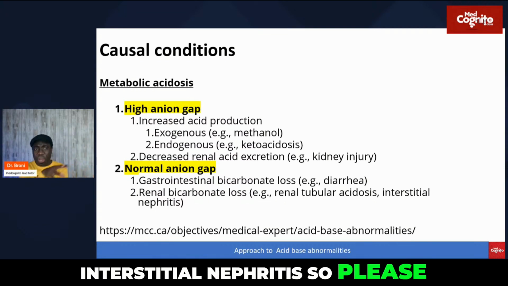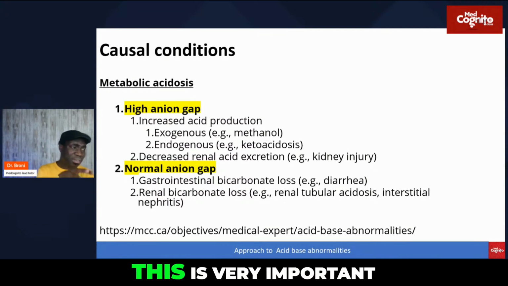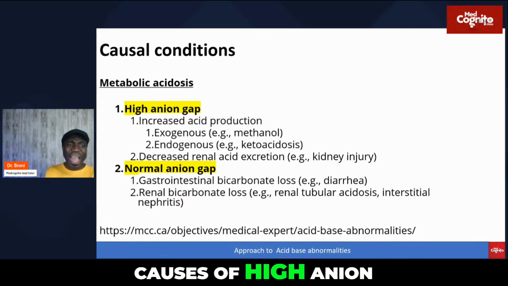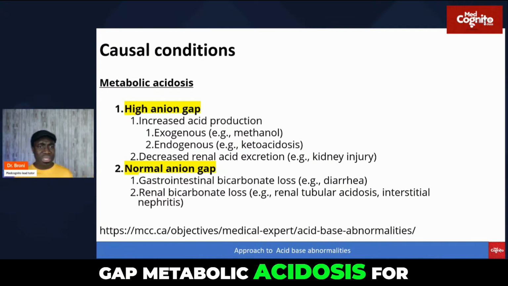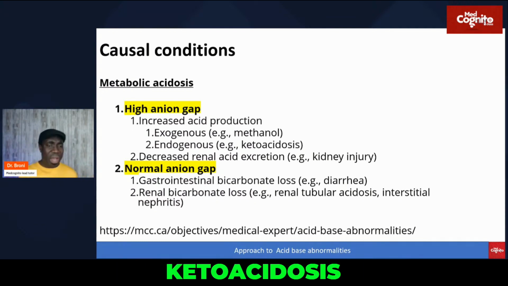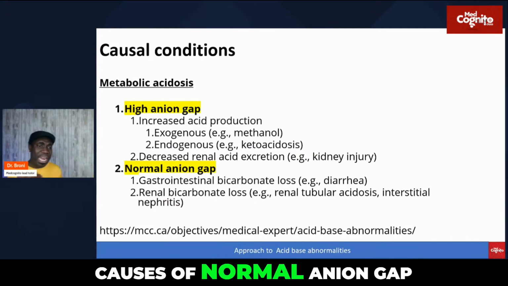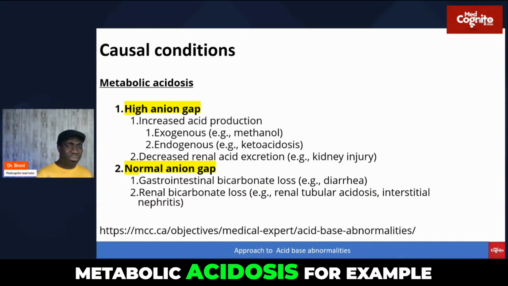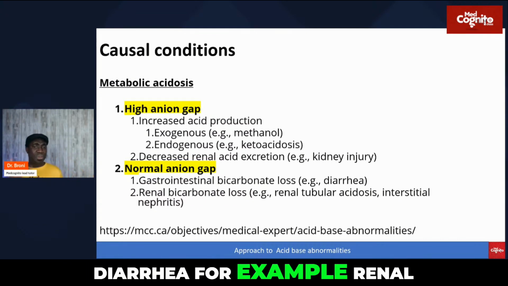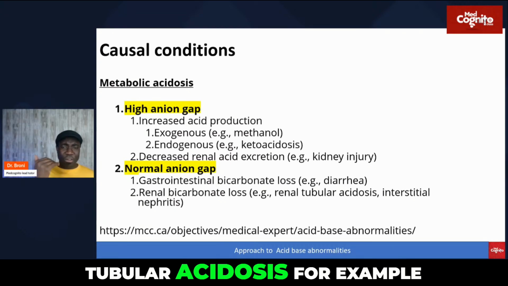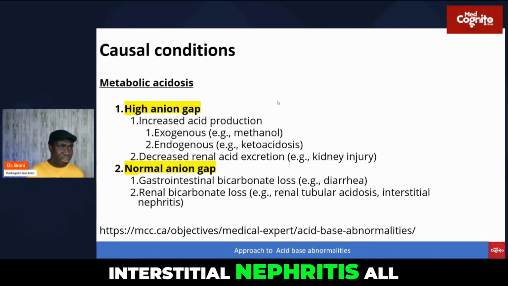Please, on this slide alone, this is very, very important. Causes of high anion gap metabolic acidosis, for example, methanol, ketoacidosis. Causes of normal anion gap metabolic acidosis, for example, diarrhea, renal tubular acidosis, interstitial nephritis. All right.